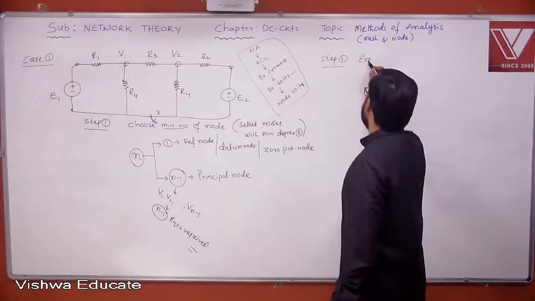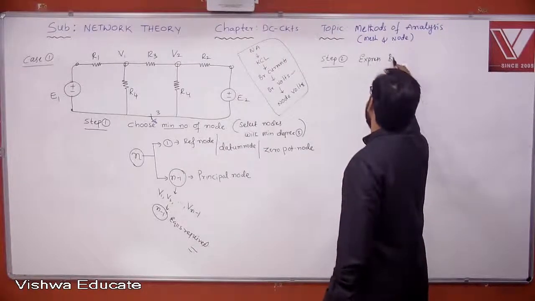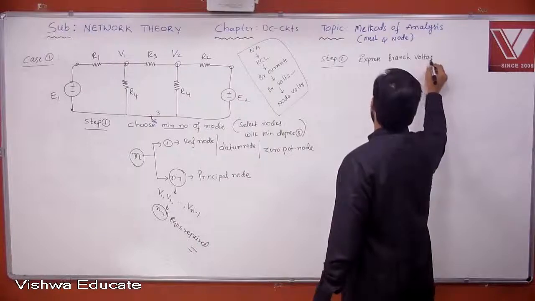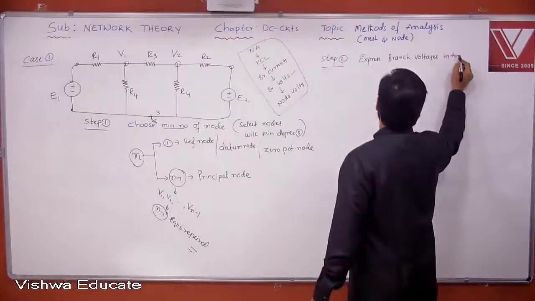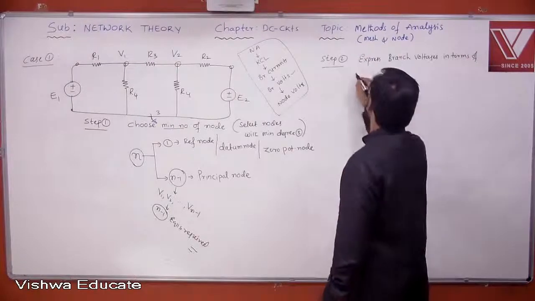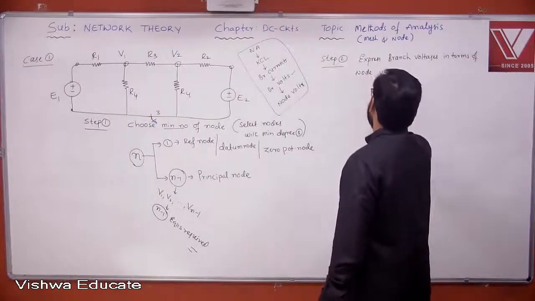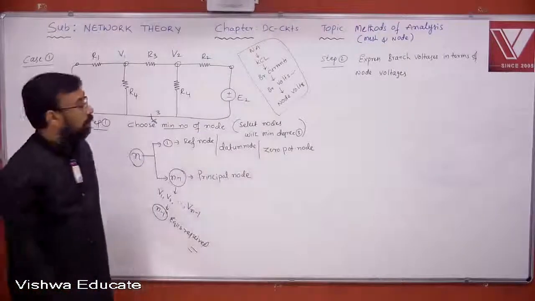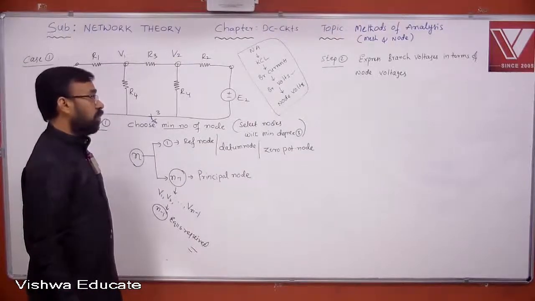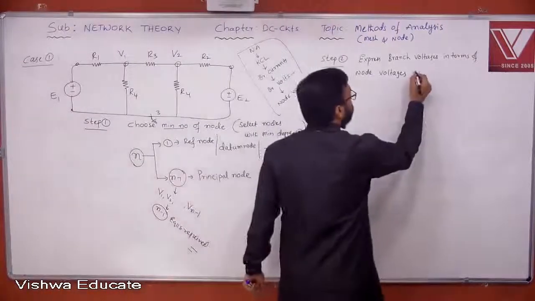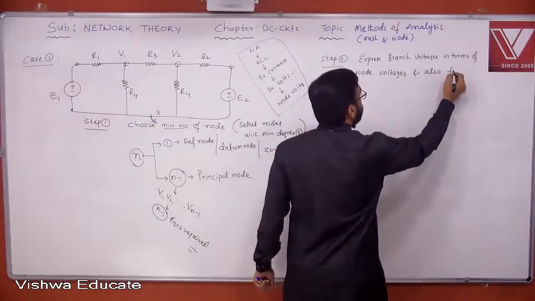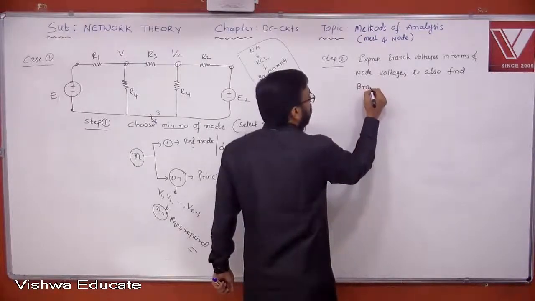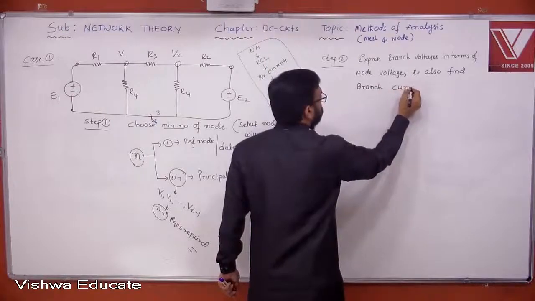Therefore, write down here: express branch voltages in terms of node voltages, and also find branch currents.